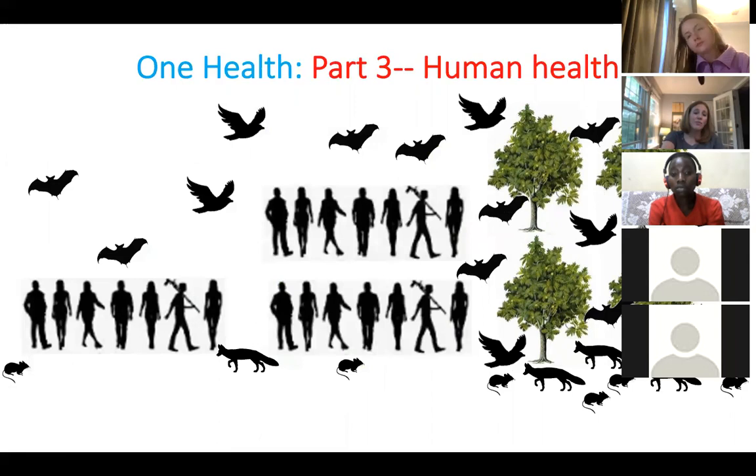When there are even more people, where are these animals going? Can anybody tell me what they see on the screen? Where are these animals moving? They don't really have many options, right?